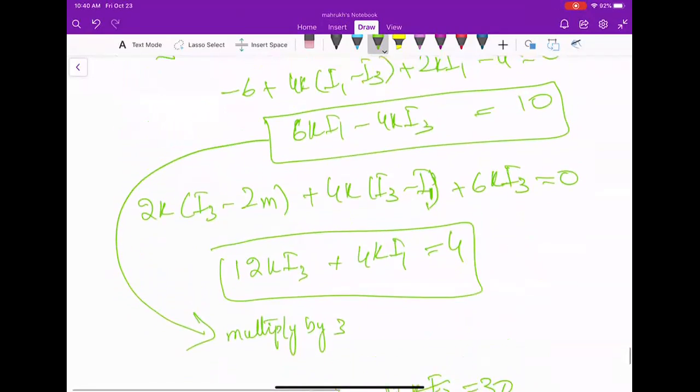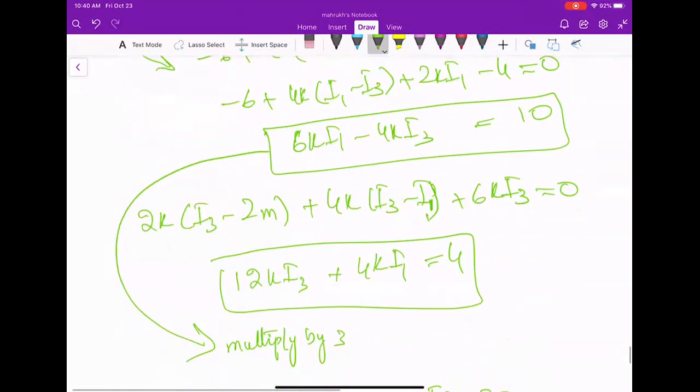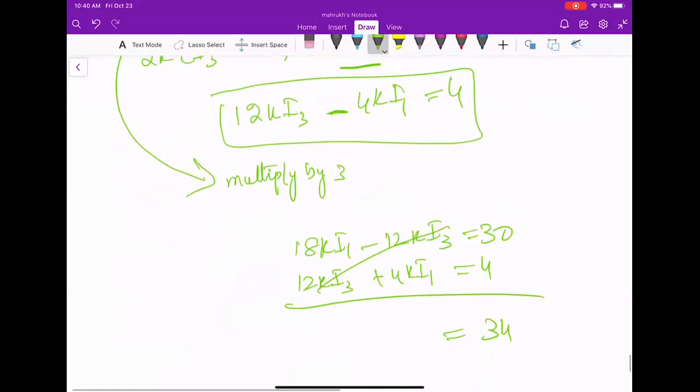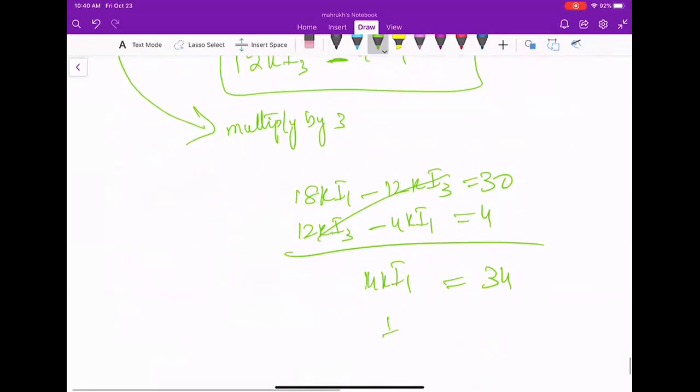There is one mistake here. Sorry, this should be minus, because this is minus 4K I1, okay? So this should be minus. So this is 14K I1 and I1 is 17 by 7 milliamps.